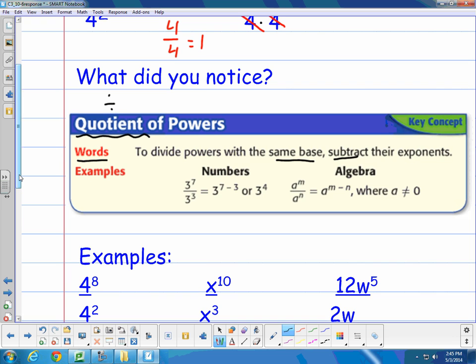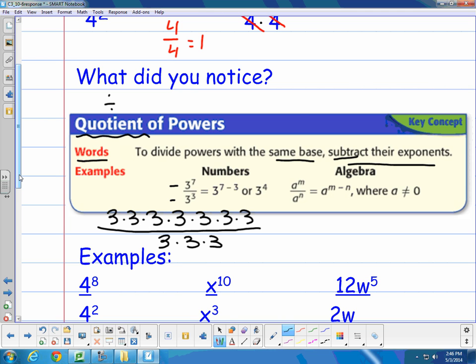So some examples here. It says 3 to the 7th over 3 to the 3rd. So we follow our rule of subtracting our exponents and take 7 minus 3 for 3 to the 4th. Again, I can check this by writing them out. So I could write 3 times 3 times 3, 7 times, because that exponent tells me that I'm multiplying 3 by itself 7 times, over 3 multiplied by itself 3 times.